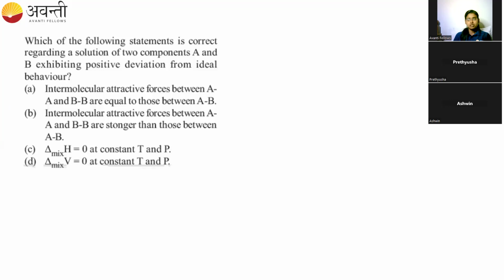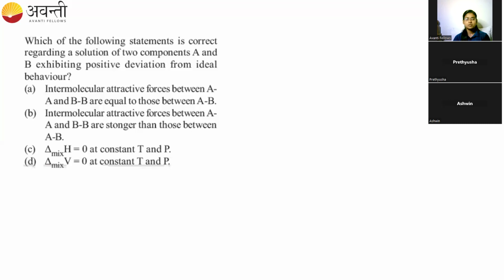Next is, which of the following statements is correct regarding a solution of two components A and B exhibiting positive deviation from ideal behavior? So we have two components A and B, and they exhibit positive deviation from ideal behavior, and we need the statement which is correct for it. Four options are given.